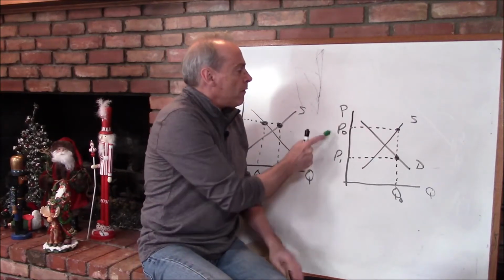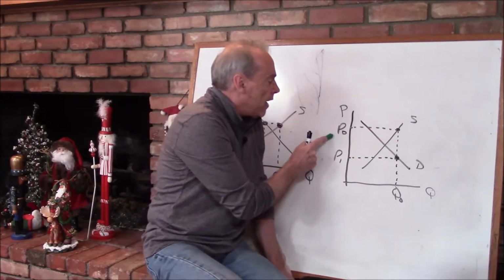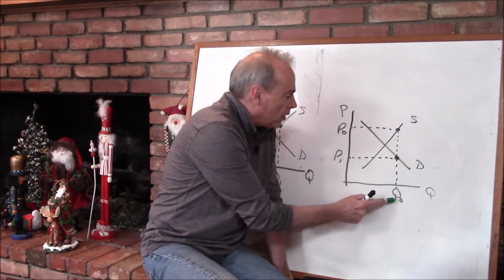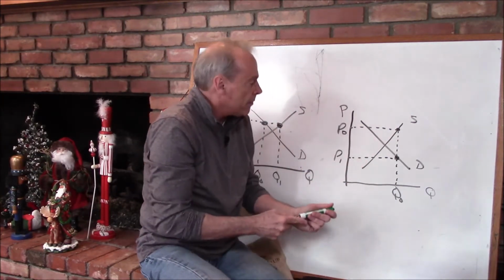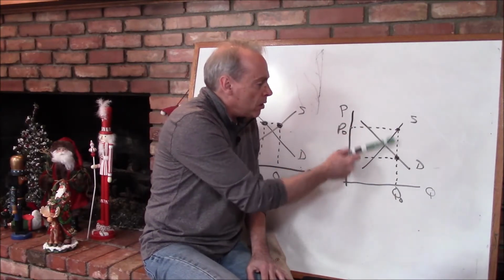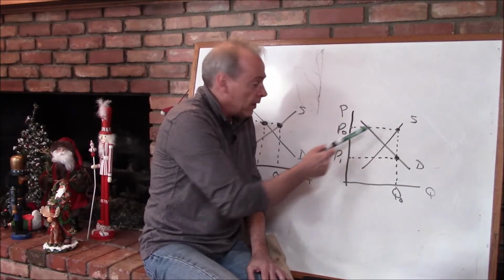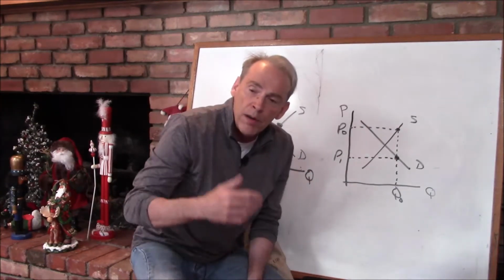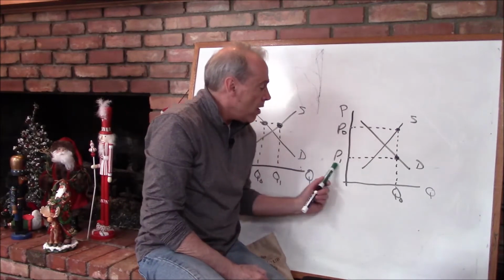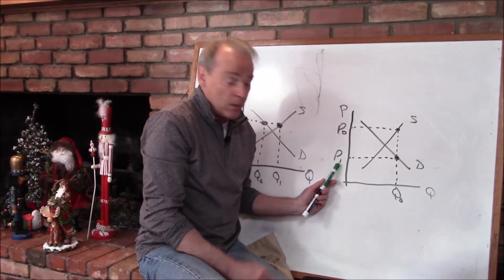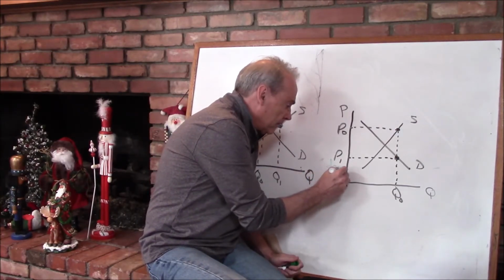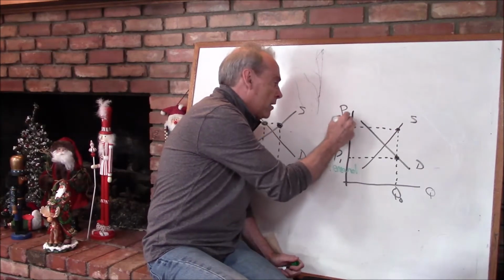The price that firms would have to receive to make them willing to produce Q sub 0 is P sub 0. But for the consumers to be willing to purchase Q sub 0, the price has got to be P sub 1. So this is the demand price, and that's the supply price.